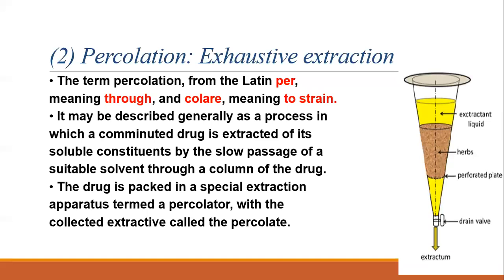In this apparatus, the herb is put inside the percolator over a perforated plate. There is a perforated plate in the container, and you pack your drug onto that plate, and then you allow certain liquid in. The extraction is done through the gravitational pull, so the liquid will fall down.